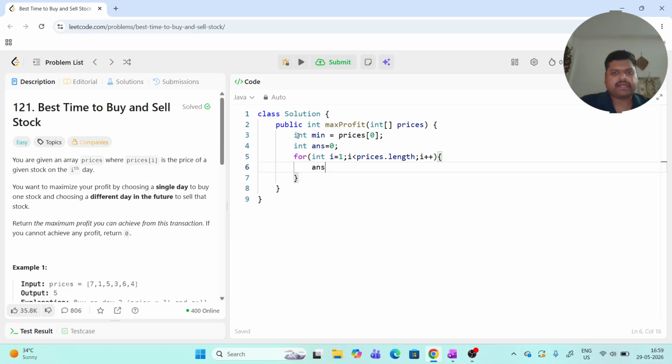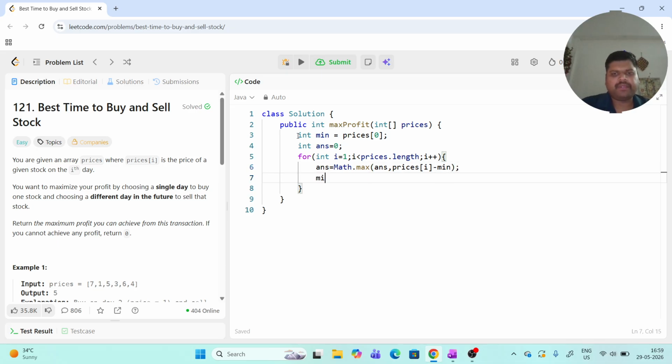Here answer equals to Math.max of answer comma prices of i minus min. And before moving on to the next iteration, what we did in the dry run was min equals to Math.min of min comma prices of i, and returning answer from here.